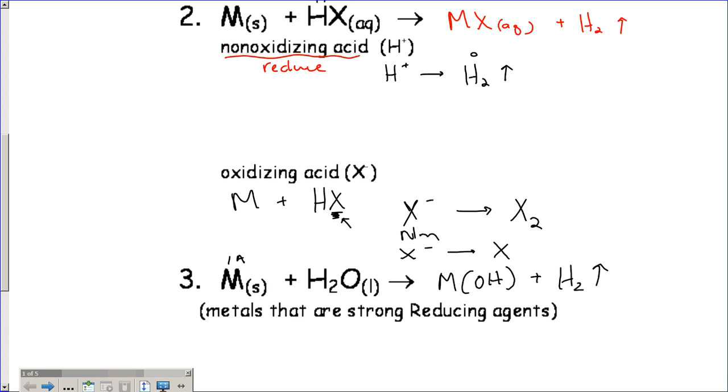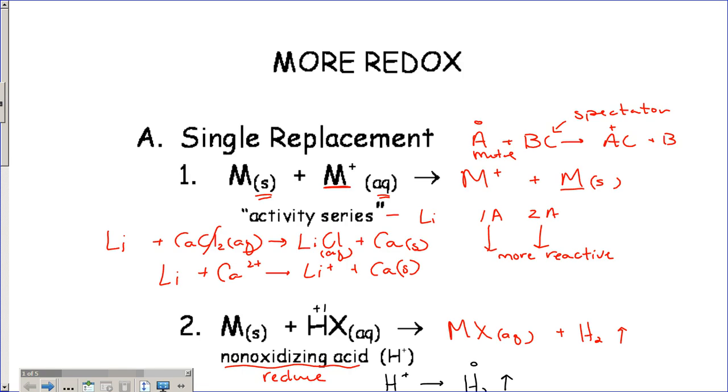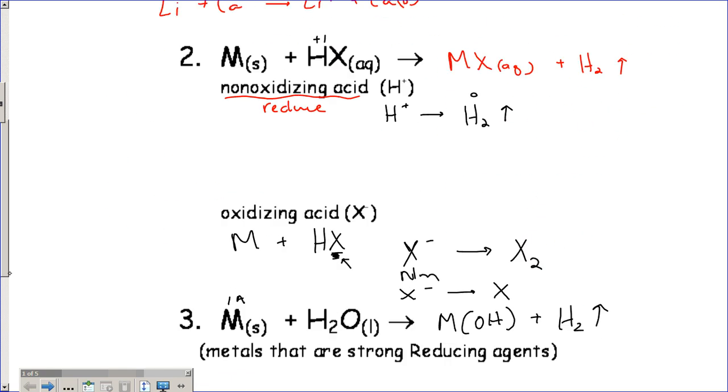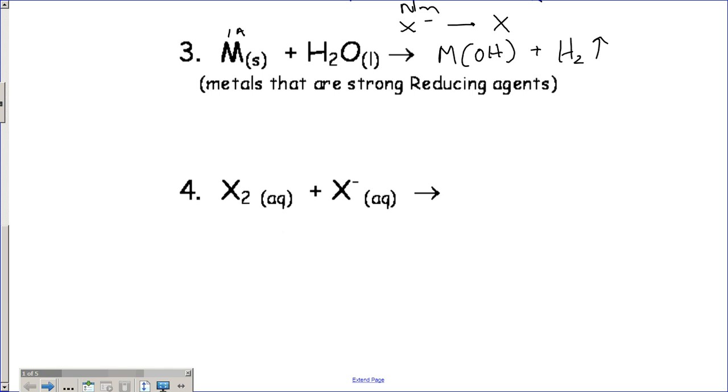And then of course the last type of displacement reaction, we're just looking at these again from last year and adding them in this year in a different way, would be if you have a diatomic halogen that is bubbled into water, typically not very soluble, but we would say that it was in a solution, and that would be the displacement of a nonmetal.